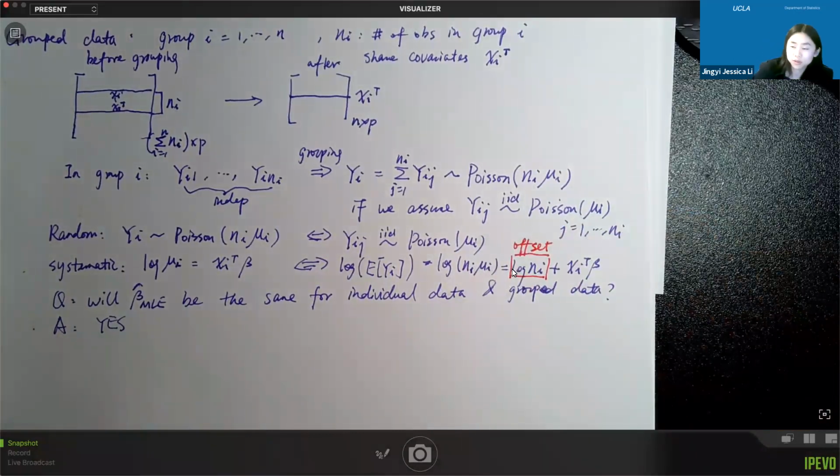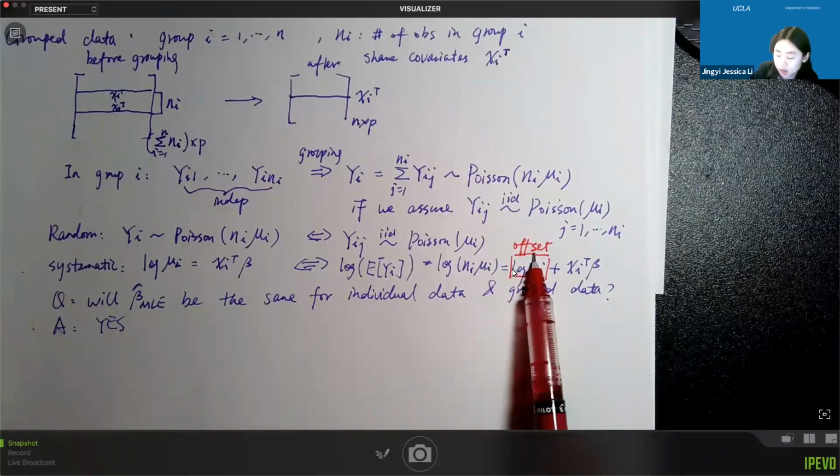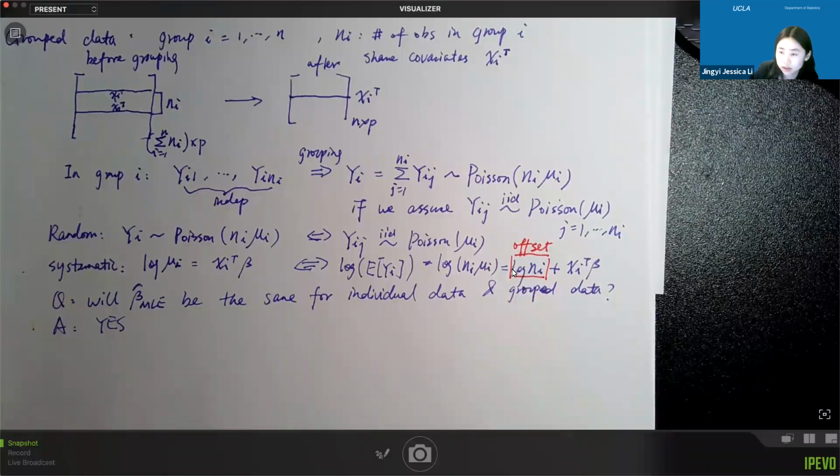It's just when you write a systematic structure in terms of the mean of the y_i, of the grouped response, then there's an offset in addition to the linear predictor x_i transpose beta. And you see this offset becomes zero when your n_i is 1. So that's the individual data case. When you have individual data, there's no offset. Okay, so just a terminology.